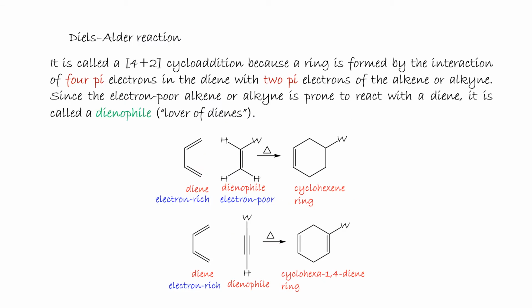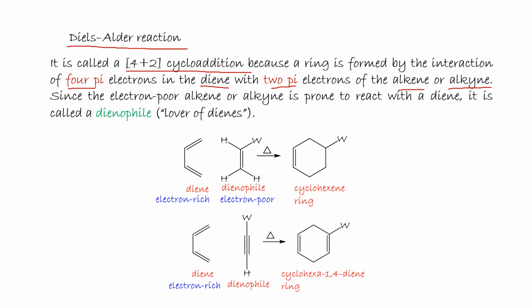Diels-Alder reaction. It's called a 4+2 cycloaddition because a ring is formed by the interaction of 4 pi electrons in the diene and 2 pi electrons in an alkene or alkyne.